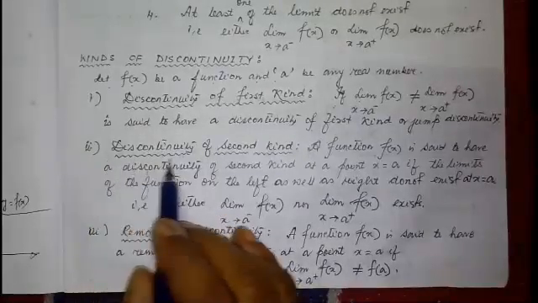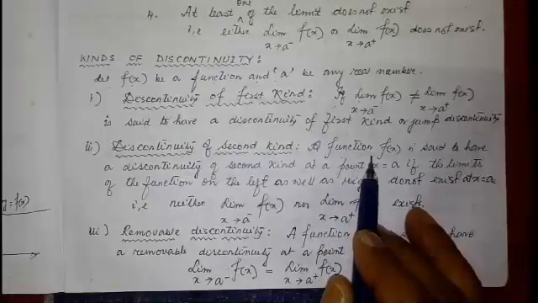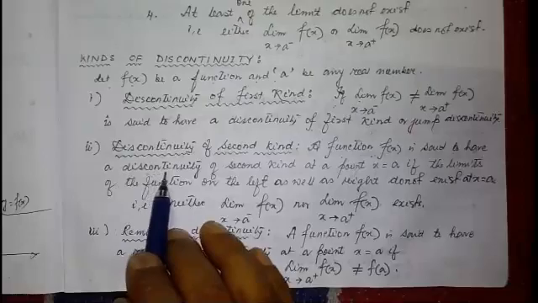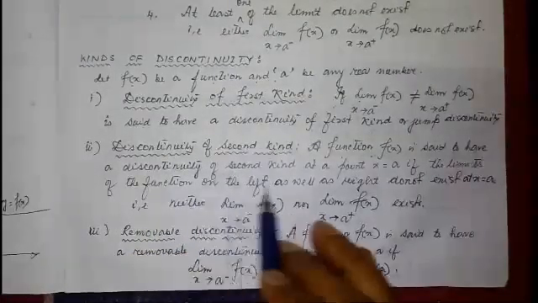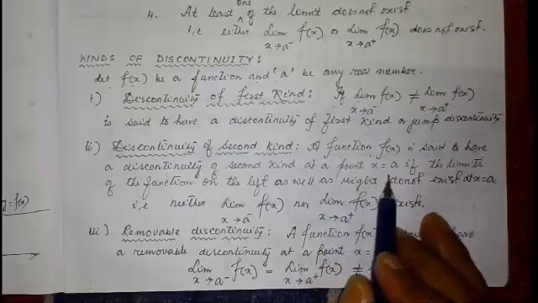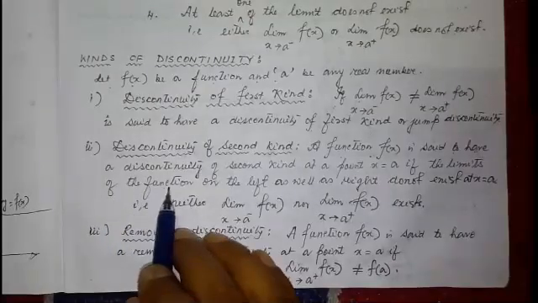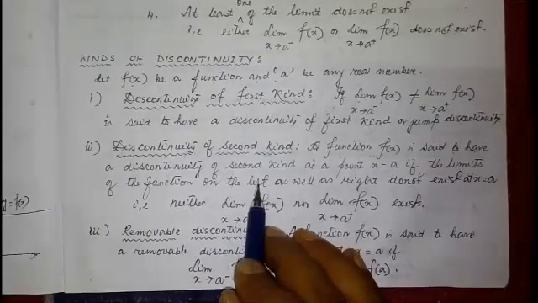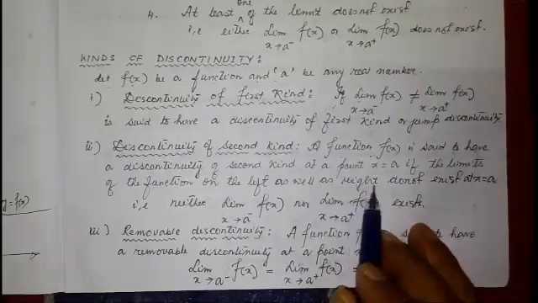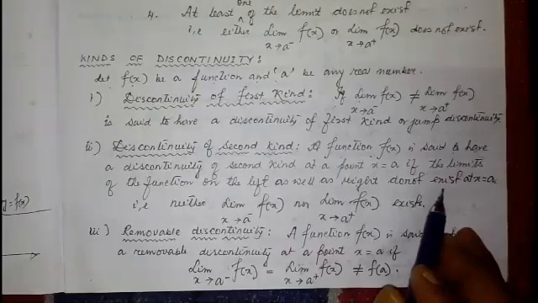Now, discontinuity of second kind. A function f of x is said to have a discontinuity of second kind at a point x is equal to a if the limits of the function on the left hand as well as right hand do not exist at x is equal to a.